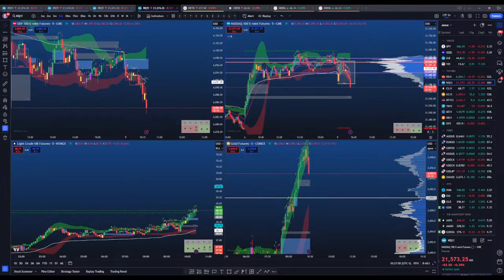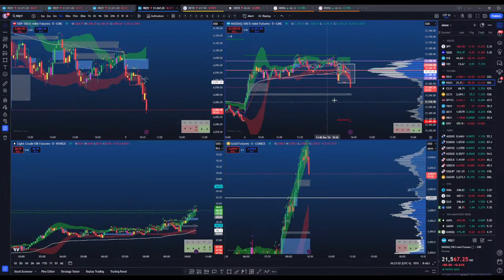Let's look at what volume looks like here. Pretty big volume shelf down to the opening of the 6th last week.